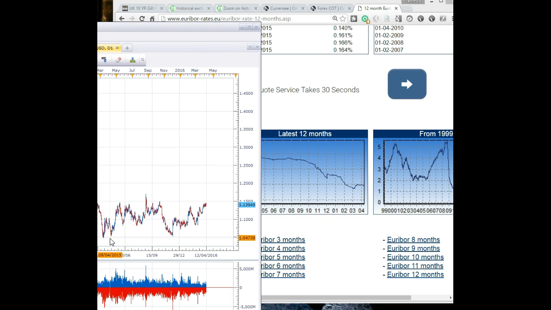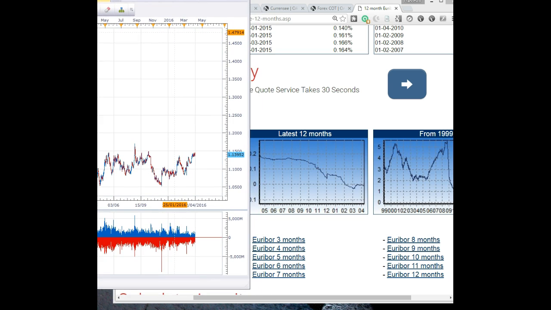So we're at the bottom of that 105 to 115 range, and then 115. So we've basically been ranging from April 2015 to now between 105 and 115, as I was saying before. But if you compare that to the EURIBOR rate for the last 12 months, you see that the euro has been choppy and ranging, and the EURIBOR has been steadily dropping.